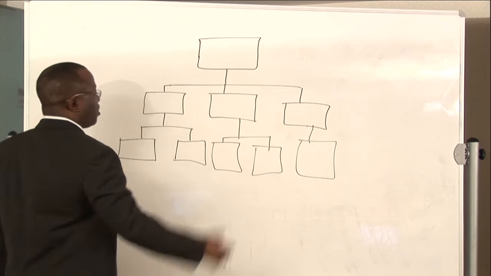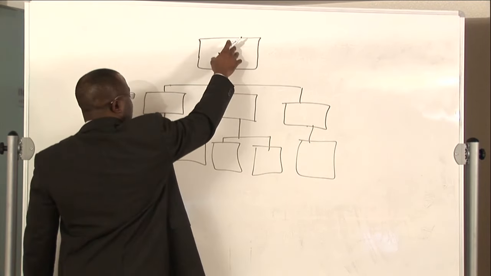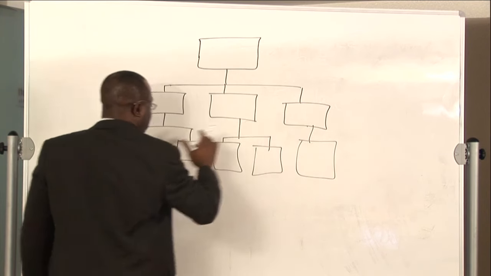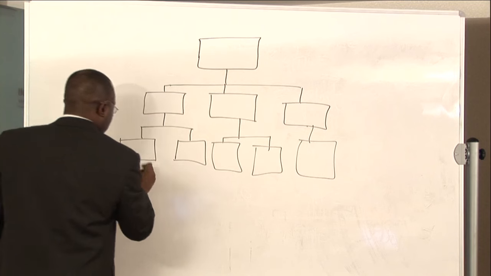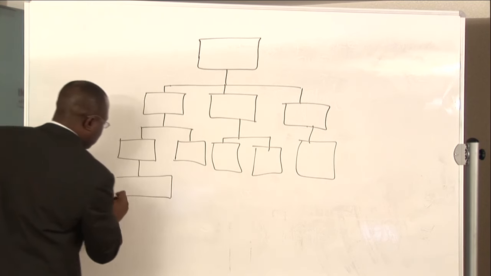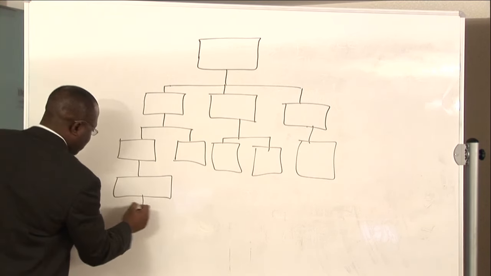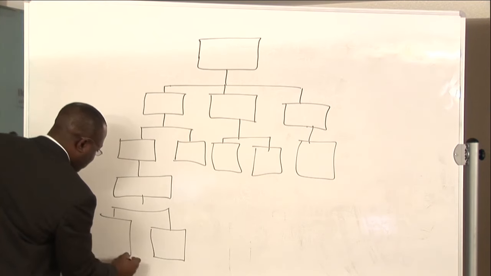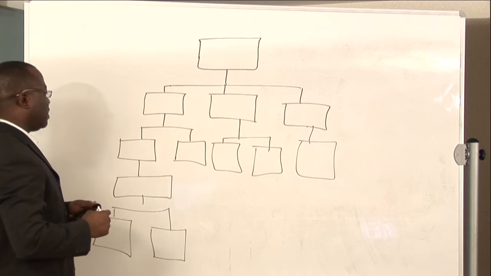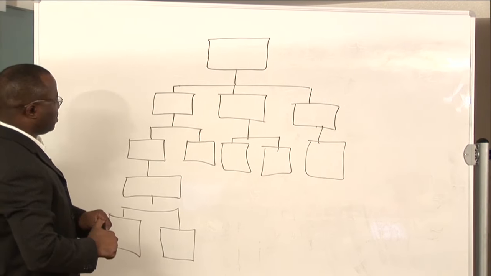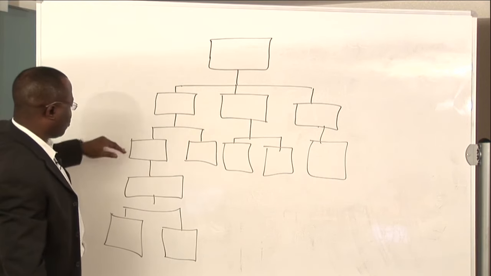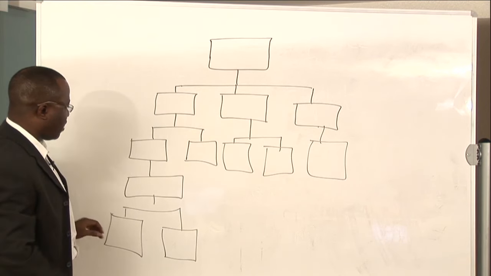what we're doing is we are breaking down that piece of work into lower, more manageable pieces each step. We could have something like this and then go to a level such as that. Now, how many levels are in this WBS? If we count the levels, you'll see there are 1, 2, 3, 4, 5 levels.